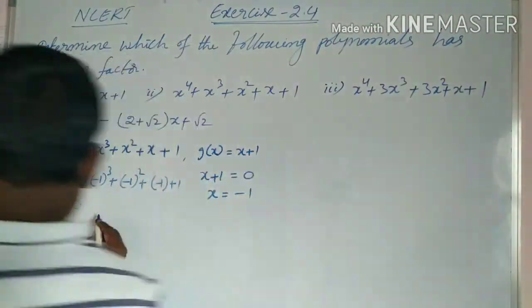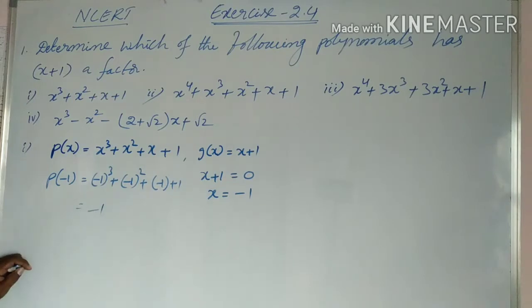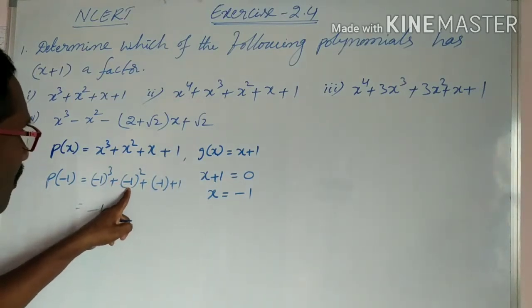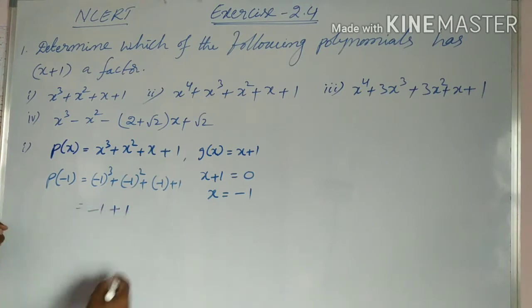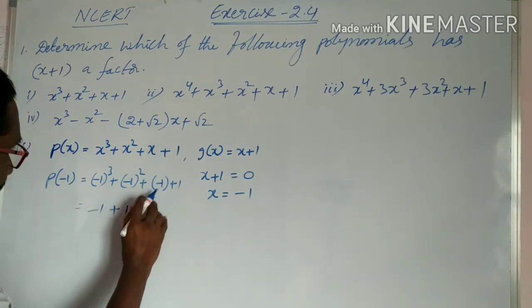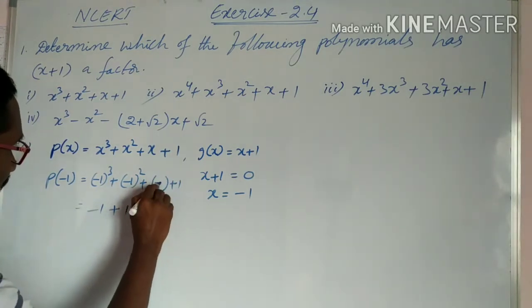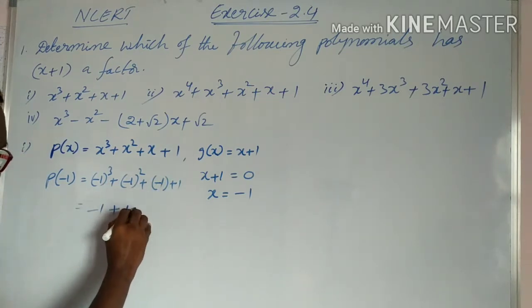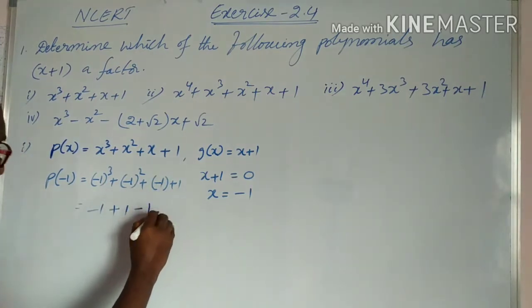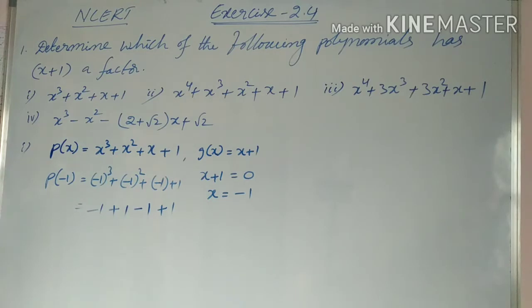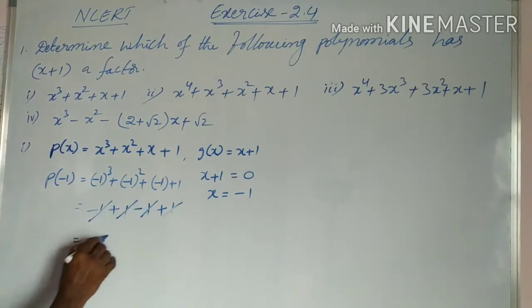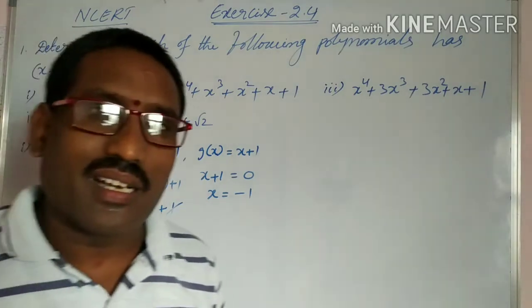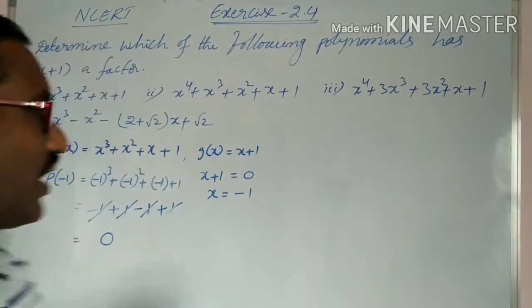So here minus 1, here plus 1, here minus 1, and plus 1. Minus 1 plus 1 is equal to how much? 0. Remainder is 0.